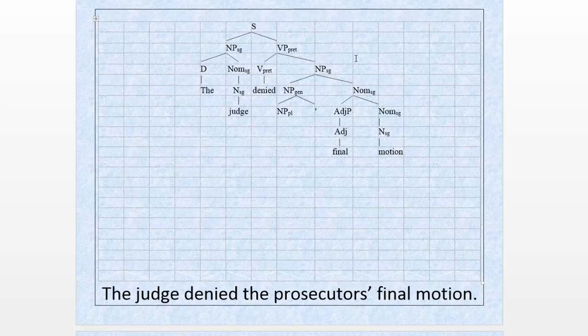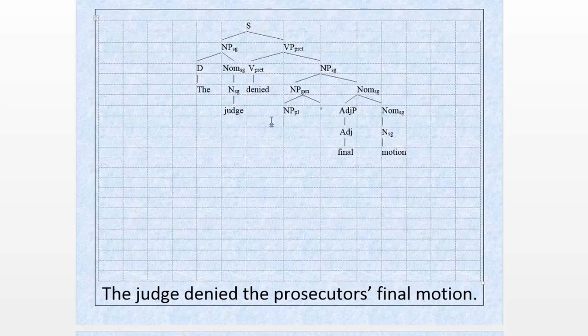That's going to be our noun phrase that the apostrophe combines with. And now we can just add in the structure for the prosecutors, which again, no problem. That'll consist of a determiner, which is going to be the, and then the head noun there, which is again the plural prosecutors.